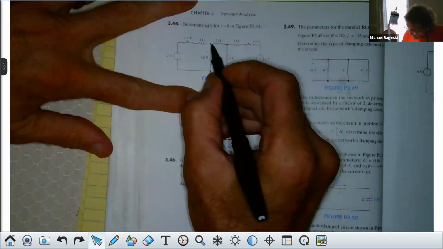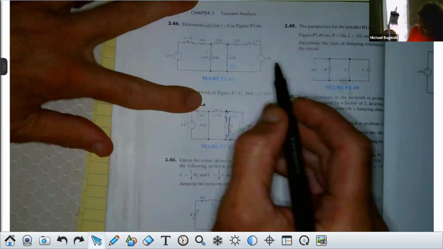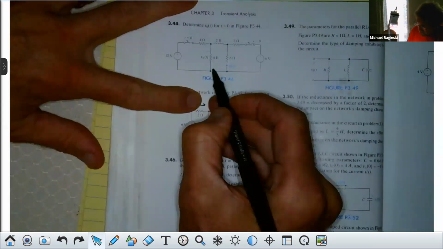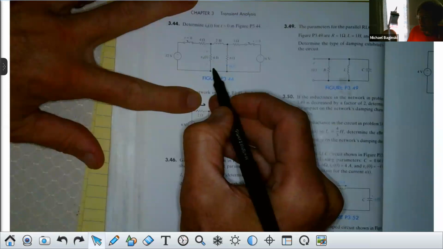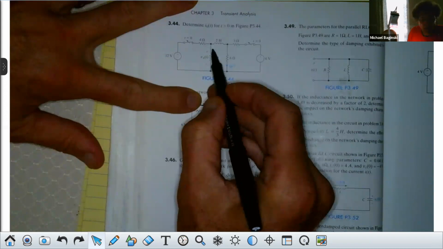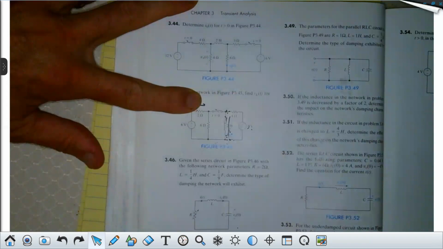Do you all follow me on that? Now, if that's a short circuit, you see these two, the 4 and the 6, are in parallel, aren't they? It's for t less than 0.